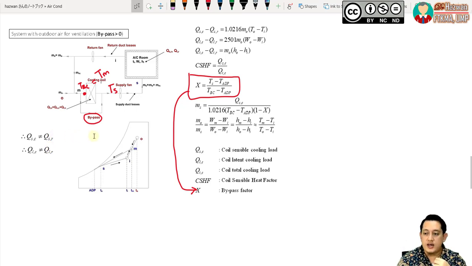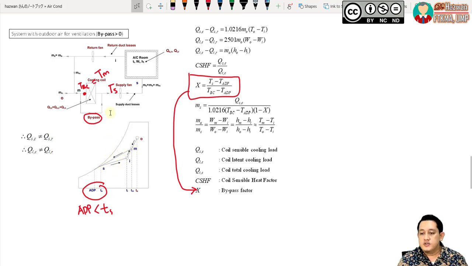So TS here is slightly higher than TADP. TS will increase a little bit more because a part of this air didn't get cooled down by this cooling coil, and this air will mix together with the air that is being cooled down by the cooling coil. Which is why TS is slightly higher than TADP. And the cycle is still the same.